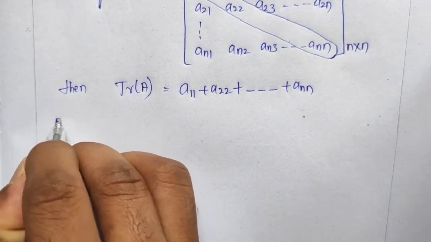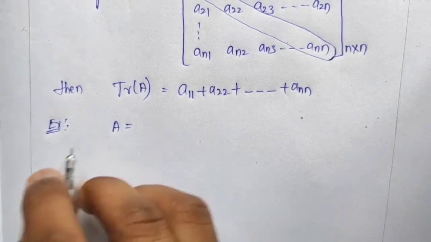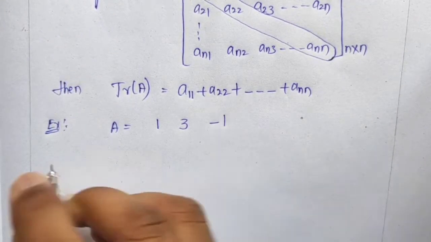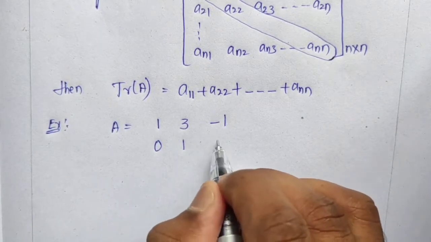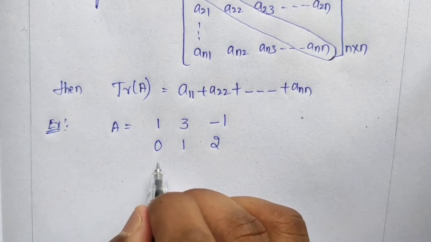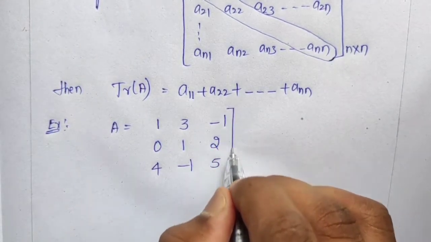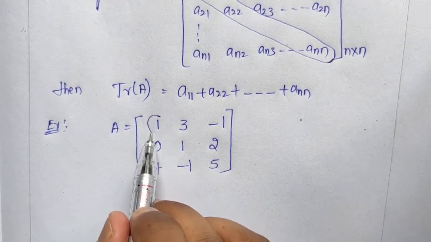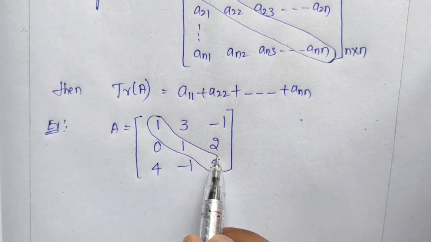Example: A equals 1, 3, minus 1, 0, 1, 2, 4, minus 1, 5. The diagonal elements are the principal diagonal elements.